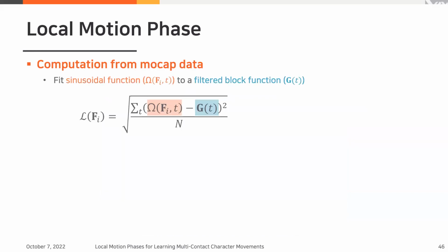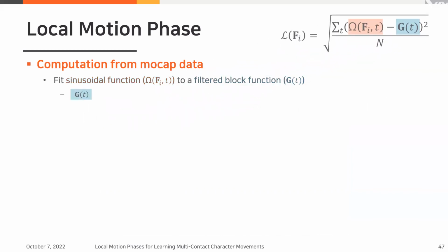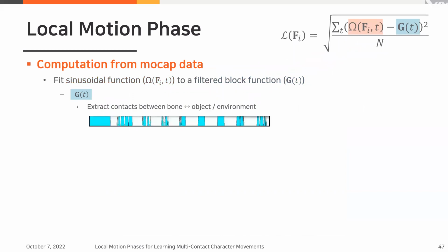Then next is how the local phase is computed from the motion data. It's computed by feeding a sinusoidal function to the filtered slope function with this loss function. To obtain this G, first the contact between the bone and the environment is extracted from the motion data. The value is set to 0 if there's no contact and 1 if the contact exists.